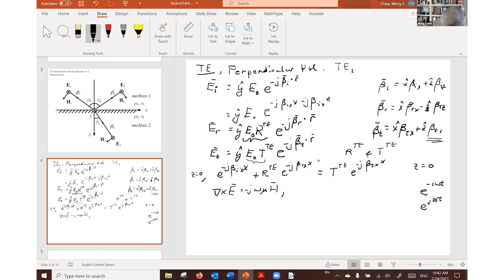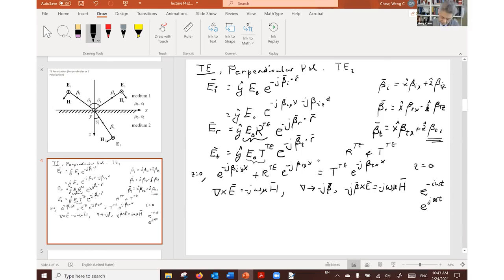In order to simplify this equation, we are only dealing with plane waves, so we can make the assumption that the del operator becomes j beta. And Maxwell's equation just becomes j beta cross E for the left-hand side is equal to minus j omega mu H on the right-hand side.